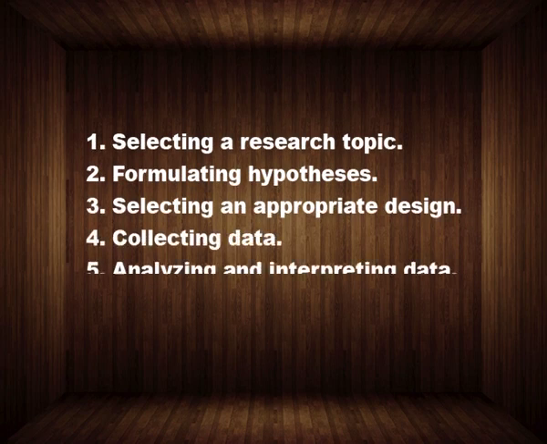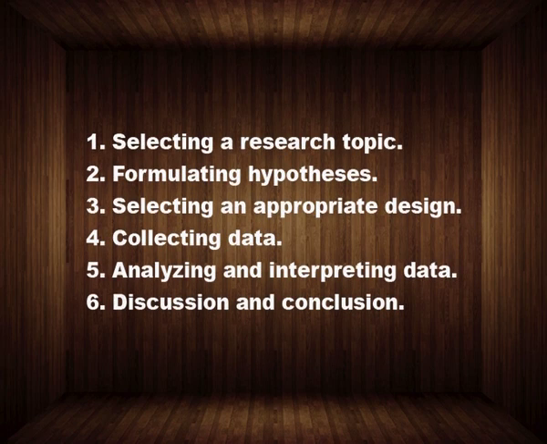The layout or the design of the experimental method is as, number one, selecting a research topic, number two, formulating hypotheses, number three, selecting an appropriate design. Number 4, collecting data. Number 5, analyzing and interpreting data. Number 6, discussion and conclusion.